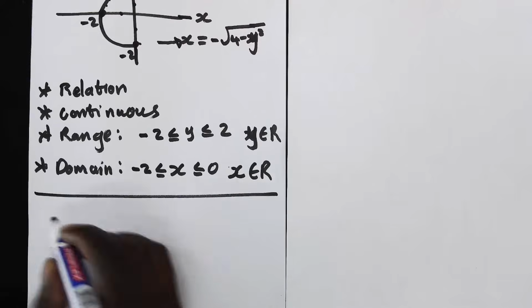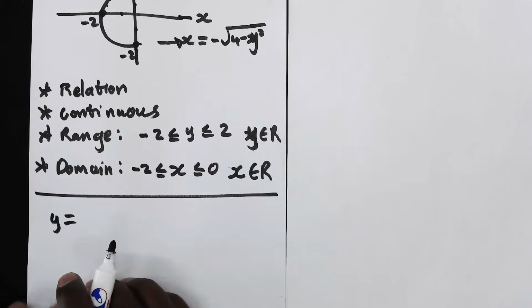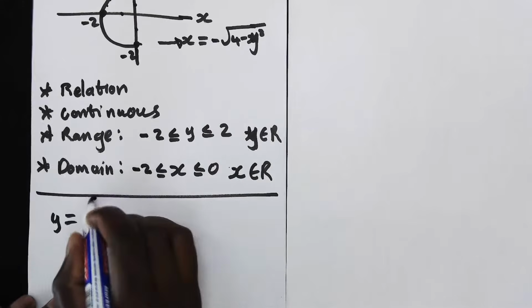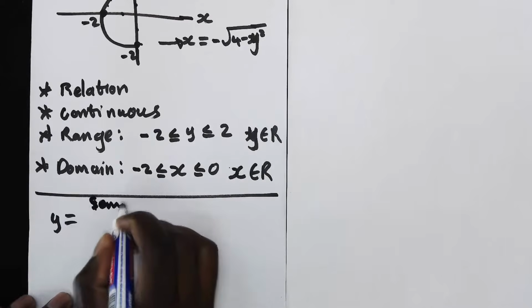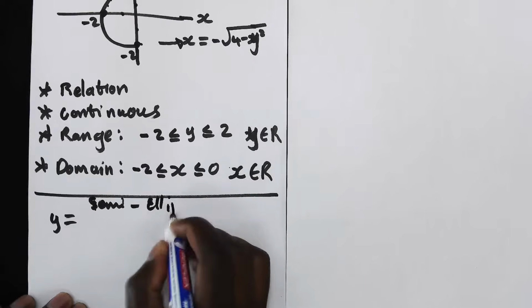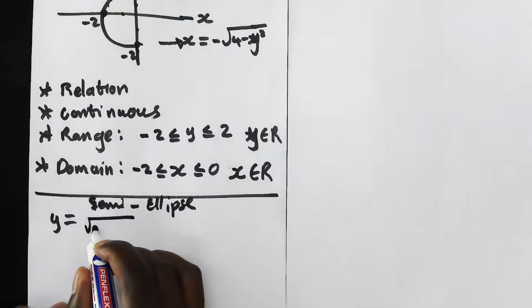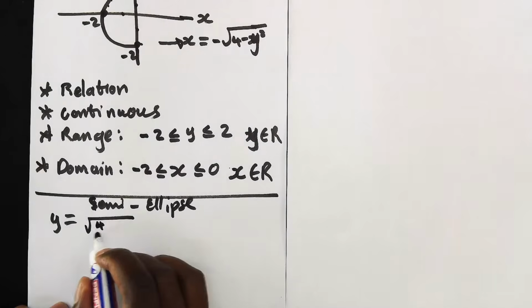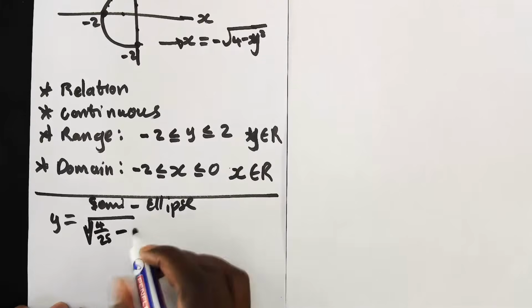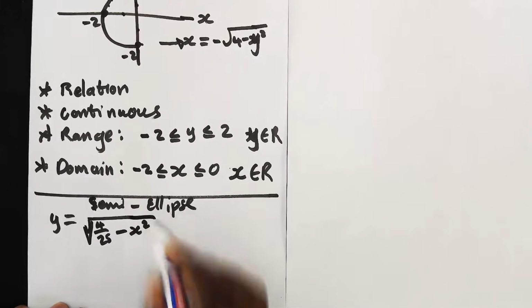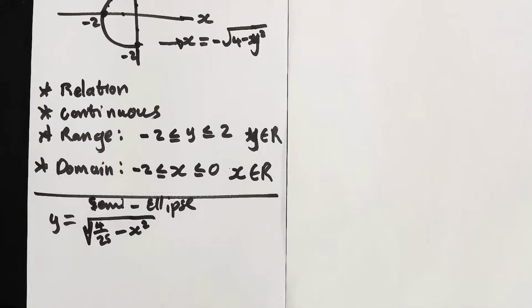Okay, let's look into a semi-ellipse. We can do a lot of graphs. So for the semi-ellipse, let's say we have y equals the square root of 4 over 25 minus x squared.